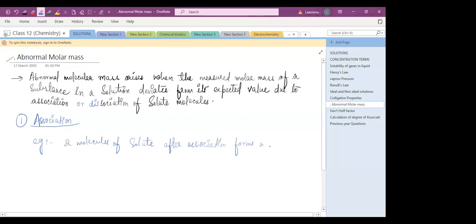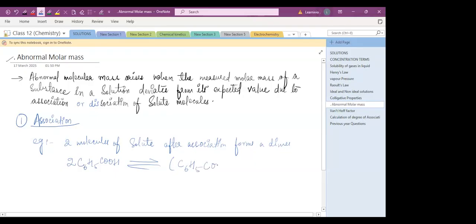Basically, certain solutes undergo molecular association in the solution and form aggregates. For example, take two molecules of benzoic acid, C6H5COOH. They will form dimers when they associate. Association will happen here.